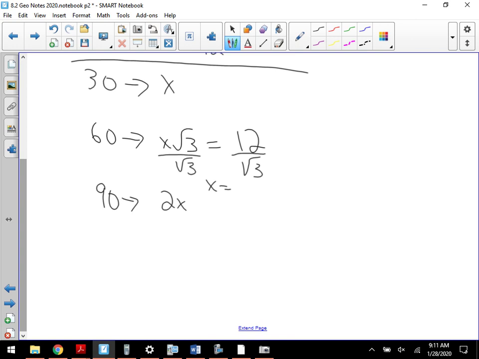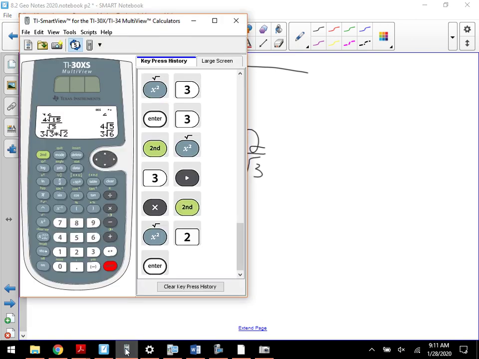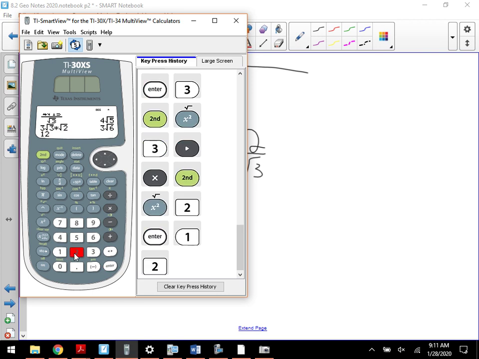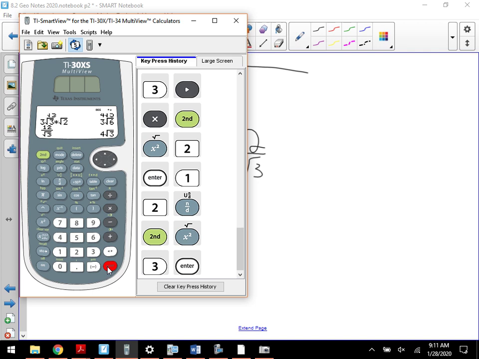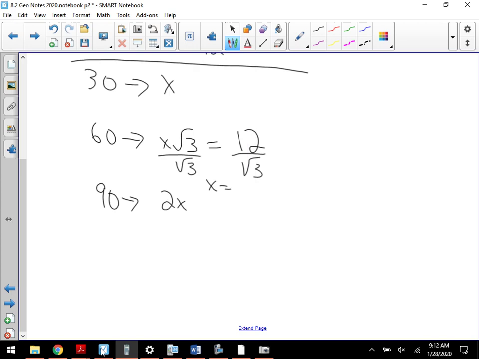So in our calculator, we divide out 12 by the square root of 3. And I think you get 4 root 3. Does that sound right? So the 12 divided by the square root of 3 gives you the value of x, which is 4 root 3. That was right.